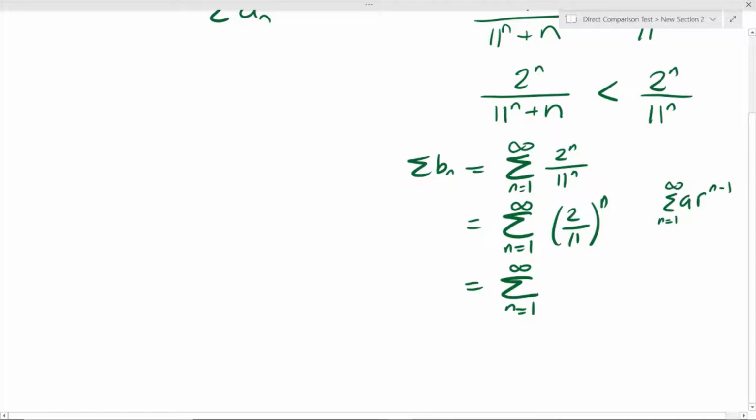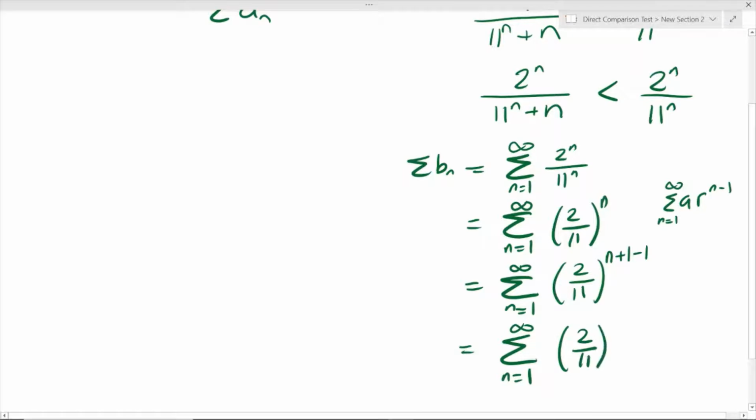So we're going to try to match up with n minus 1. So we're going to change this exponent. We're going to add 1 to it and subtract 1. So if you cancel it, it would be just n. So you can say that they're equal. And then we can manipulate it. We can just say, well, 2 over 11 to the exponent of 1 is just going to be here, right?